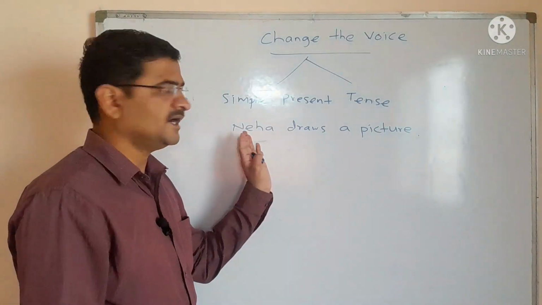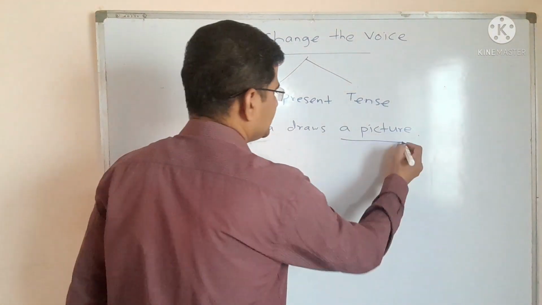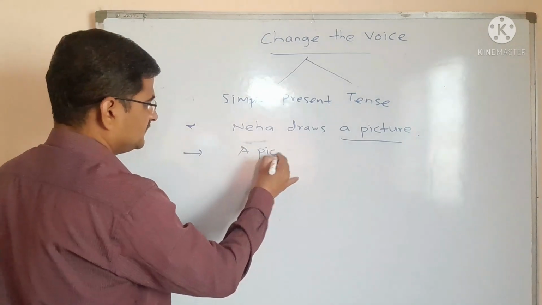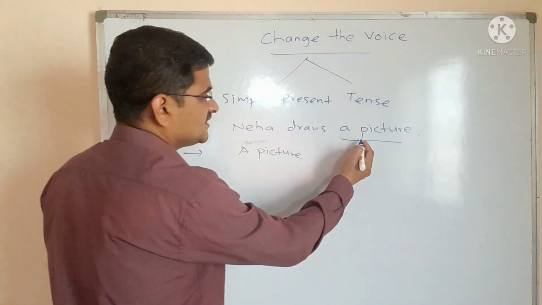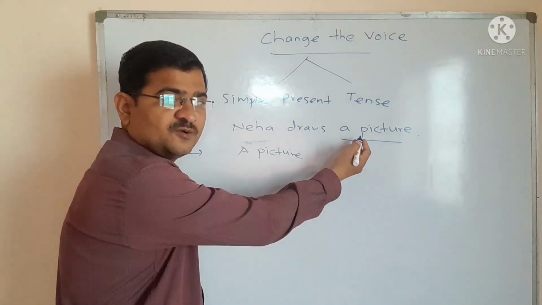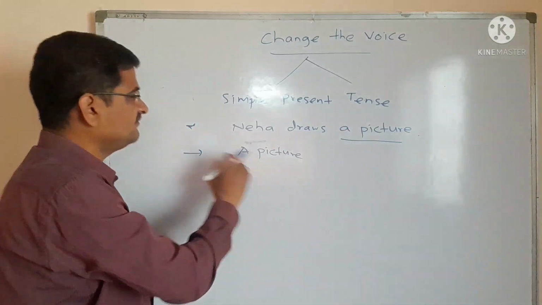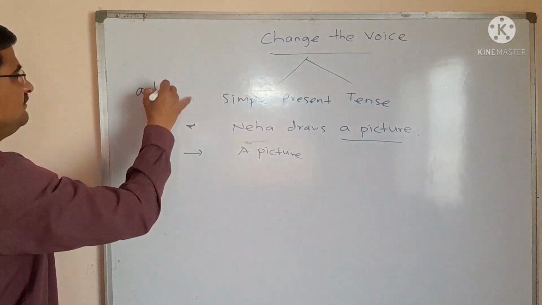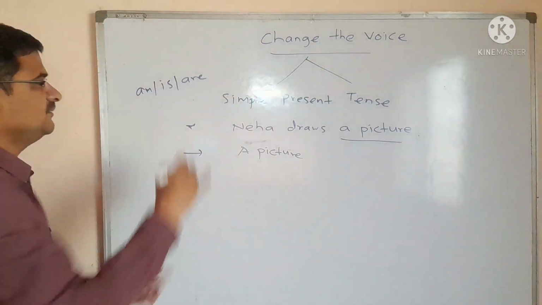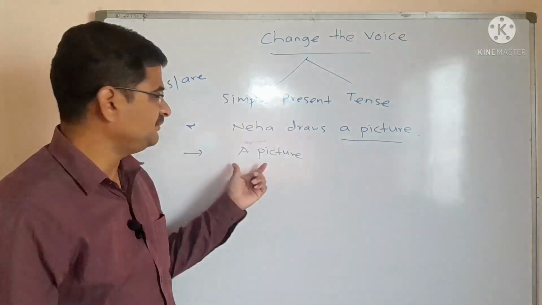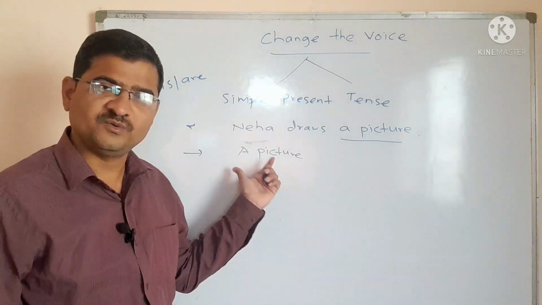What does Neha draw? The answer is a picture, therefore we have to take a picture at the beginning. This is an object, so the object becomes the subject in the passive voice. After that we have to use the helping verb am, is, are, because the given sentence is of simple present tense. A picture is singular, therefore we have to use is.